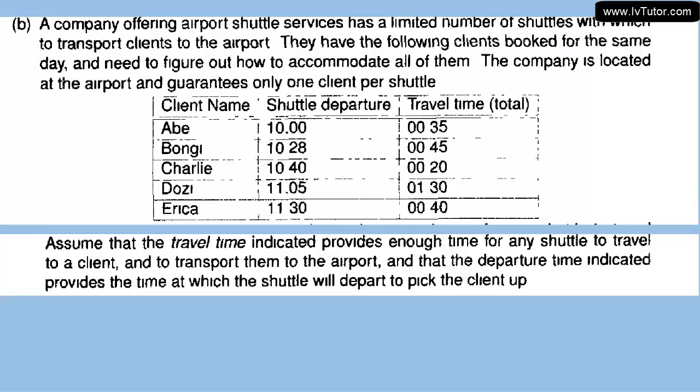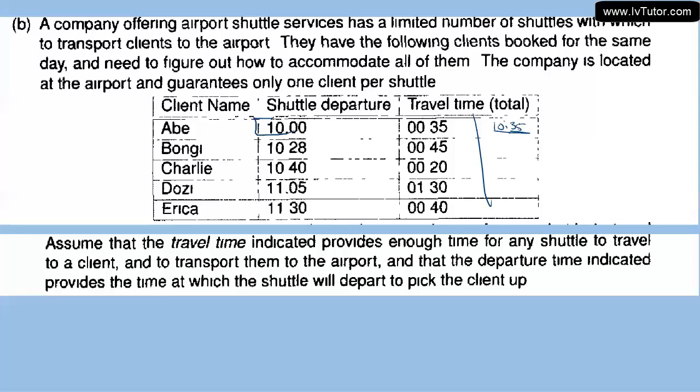This shuttle is booked from 10 to 10:35. If it is coming back at 10:35, can it leave at 10:28 to collect? No. It cannot, right? So another shuttle has to go.